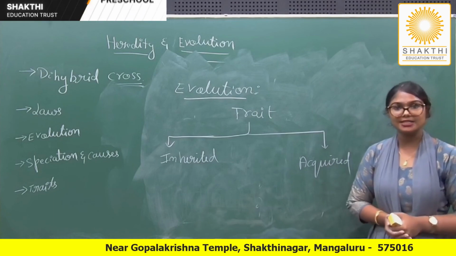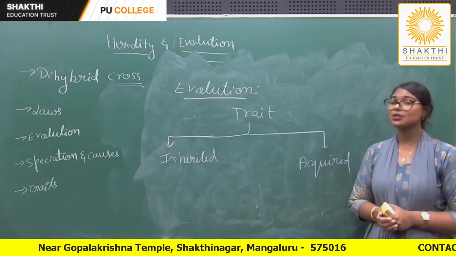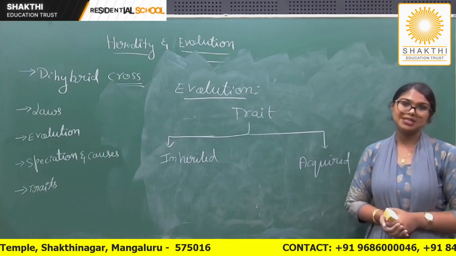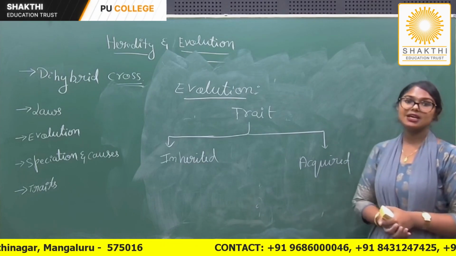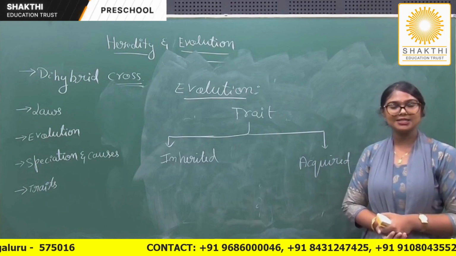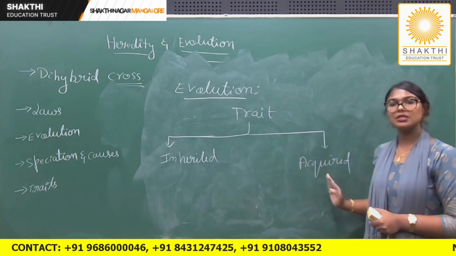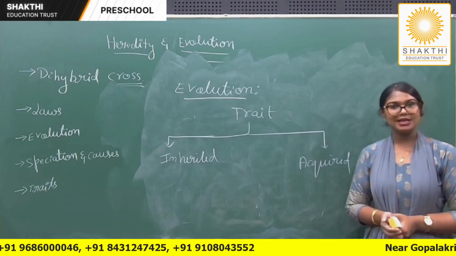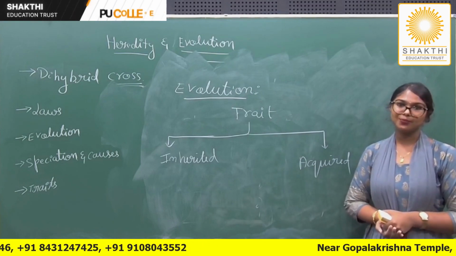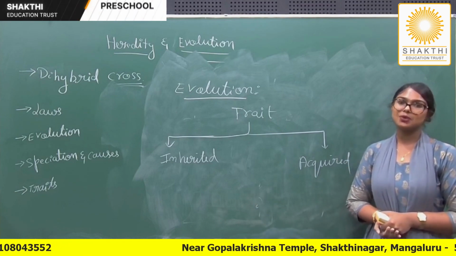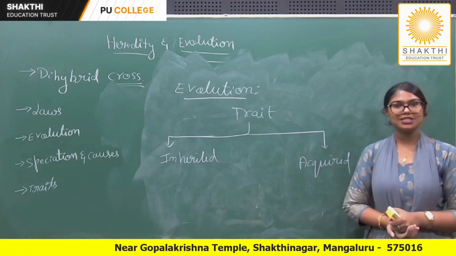Dancing is your character, but did you get it at birth? No. You acquired it in your life during your experience. So such characters are called acquired characters. When such a question comes, you explain what is inherited, what is acquired character, give an example for each and you're good to go. So with that, we have covered all the important questions from the Heredity and Evolution chapter, students.